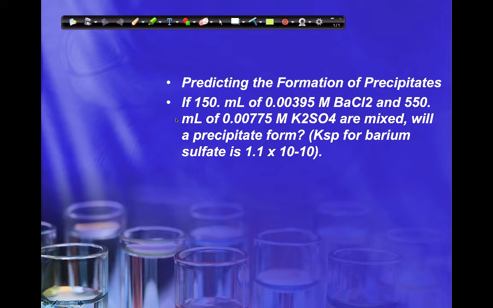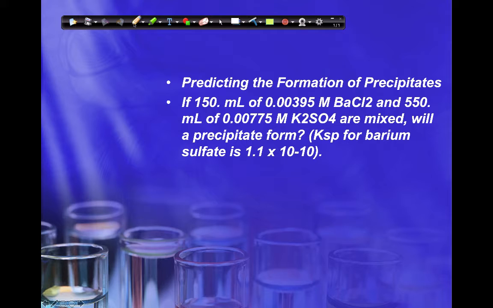Remember, most things can dissolve if you have enough water, if you change the conditions enough. So if we're trying to decide if a product will form, we have to compare Q to K. We need to know what that value of Q is, and we can compare that to K to see whether we actually create that product.